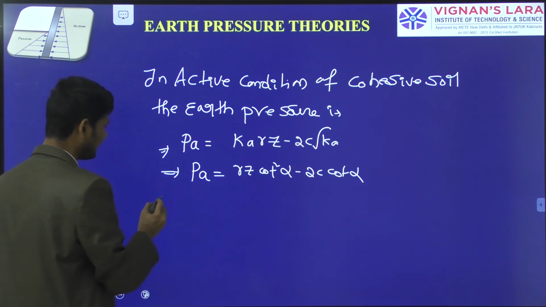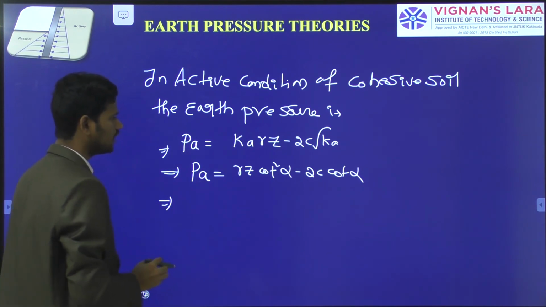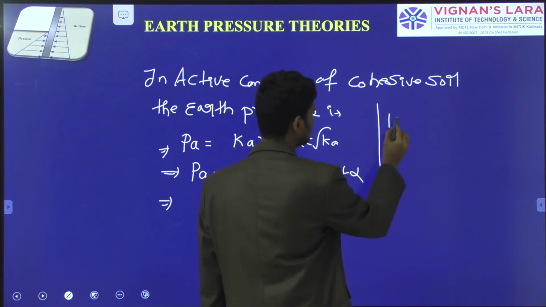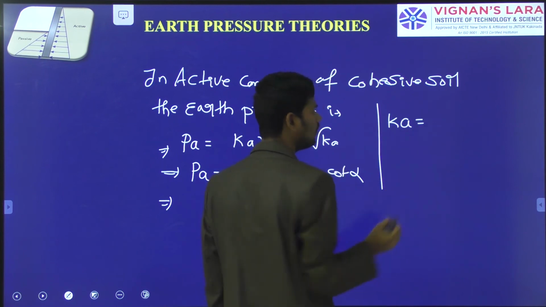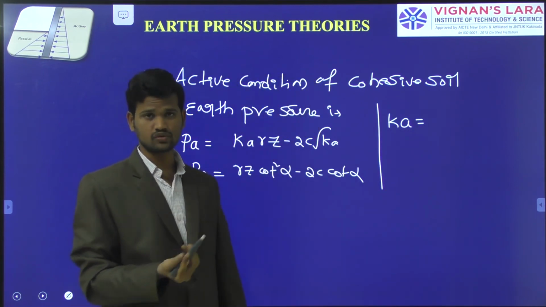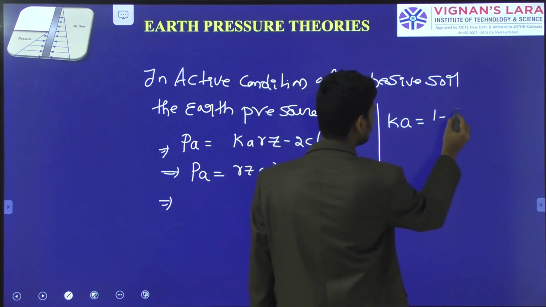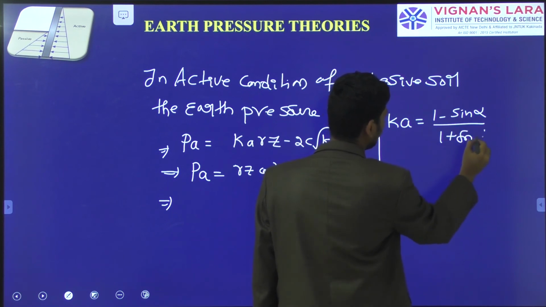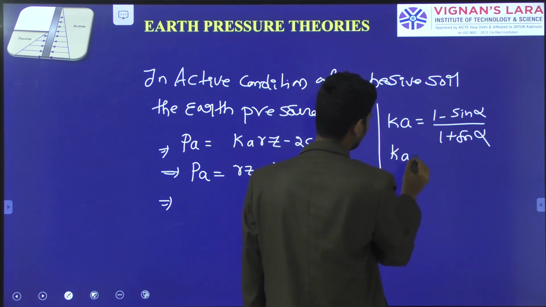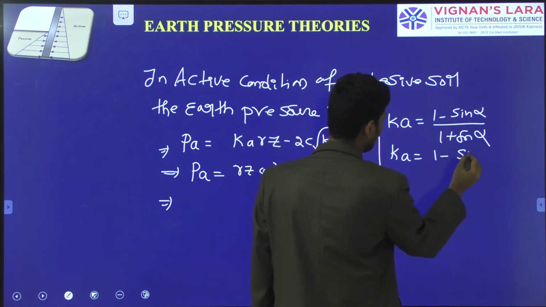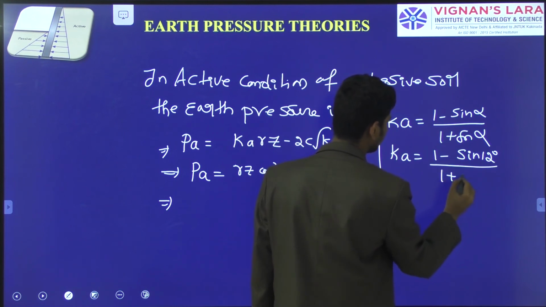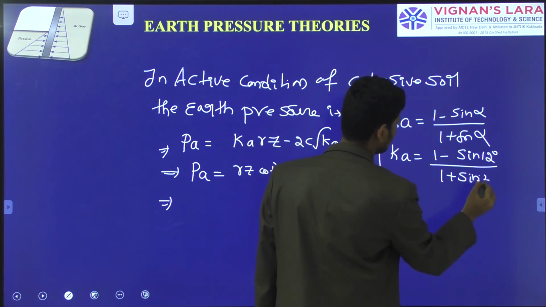Okay, next from this we are having the active earth pressure. Before calculating this active earth pressure, we should calculate the coefficient of earth pressure. That coefficient of earth pressure Ka equal to cot square alpha equal to 1 by tan square alpha. Otherwise you can write it as 1 minus sin alpha divided by 1 plus sin alpha. From this, alpha is given in the problem as 12 degrees, so Ka equal to 1 minus sin 12 degrees divided by 1 plus sin 12 degrees.